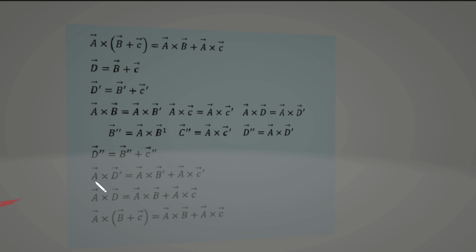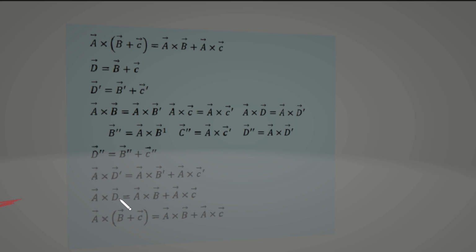Here A bar cross D prime bar is exactly equivalent to A bar cross D bar, that is equivalent to A bar cross B prime bar plus A bar cross C prime bar. Now this A bar cross C prime bar we can write as A bar cross C bar according to our earlier discussion.